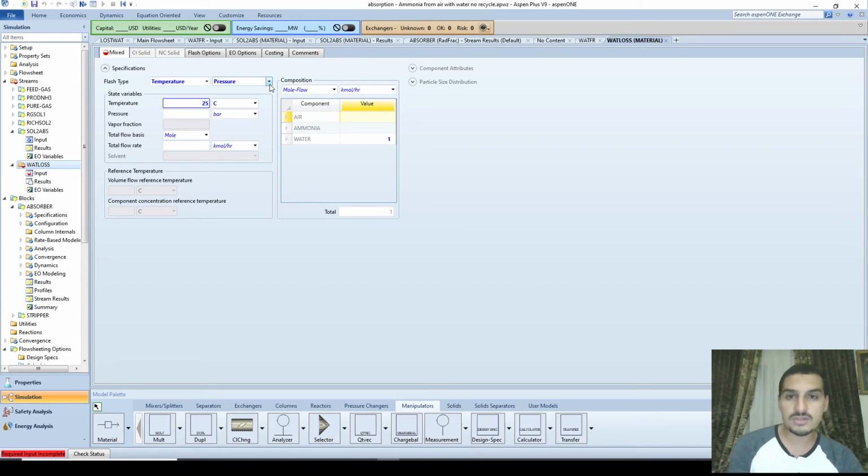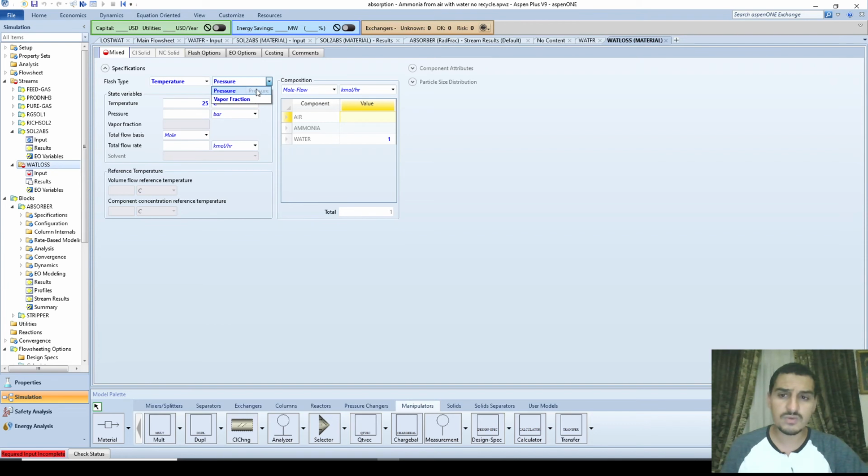The vapor fraction is dependent on the temperature and pressure. So if you put it like this, the vapor fraction will be calculated based on the temperature and pressure and will not be updated, even if the number that you put is different from the number coming out of the calculator.